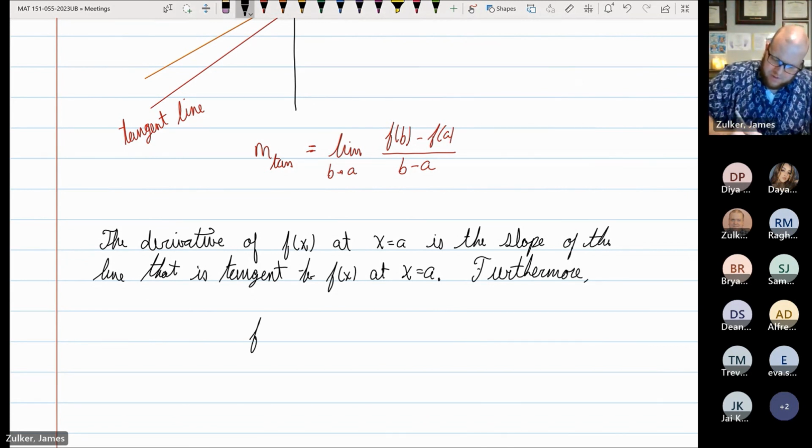Furthermore, we write f prime of x, right? So this is read f prime of x.